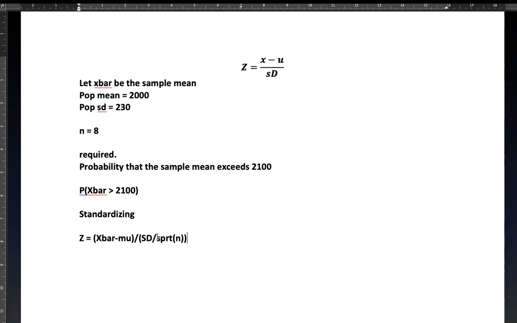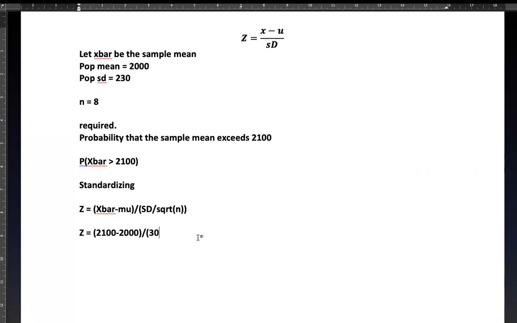So it will be 2,100 minus 2,000, over 230 divided by the square root of 8.